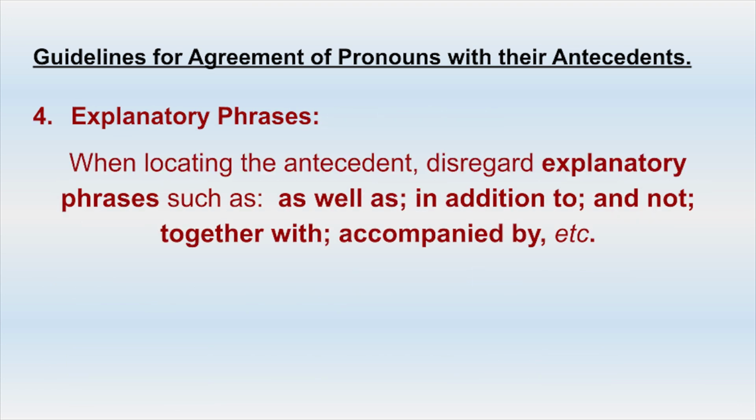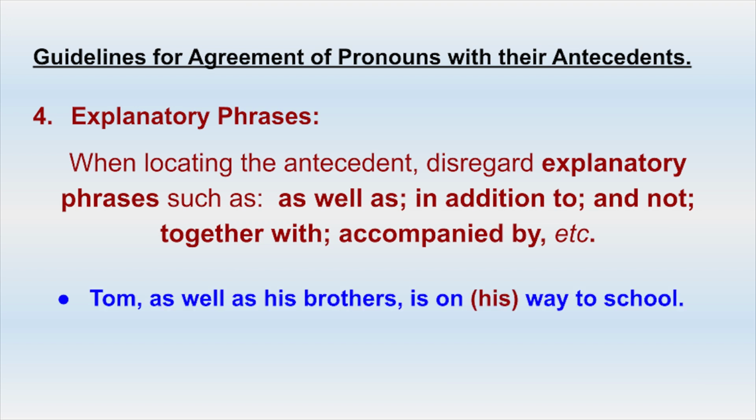Guideline number 4: Explanatory phrases. When locating the antecedent, disregard explanatory phrases such as as well as, in addition to, and not, together with, accompanied by, etc. For example, Tom, as well as his brothers, is on his way to school.